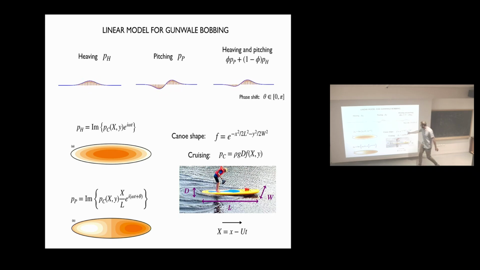And that Gaussian is translating at constant speed u, and it has some draft d. So the cruising pressure is rho g d times the Gaussian, which is cruising along like that. Then you can either oscillate it up and down, which gives you this pressure disturbance, or you can multiply it by x over L, which breaks the symmetry, and that gives you a seesaw. It's just a Gaussian times x, basically.